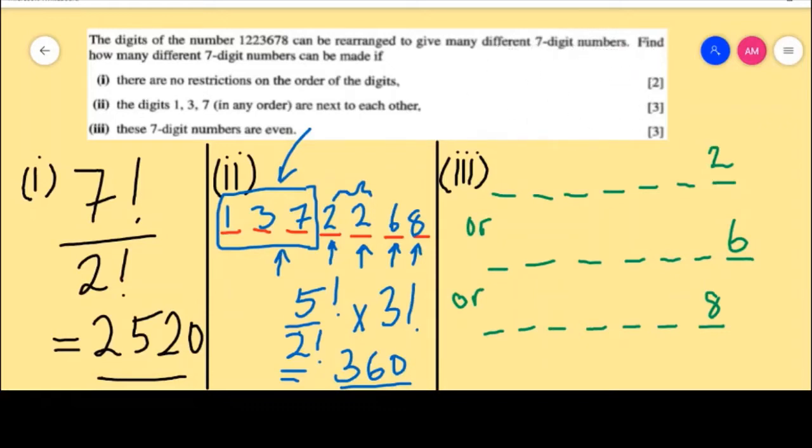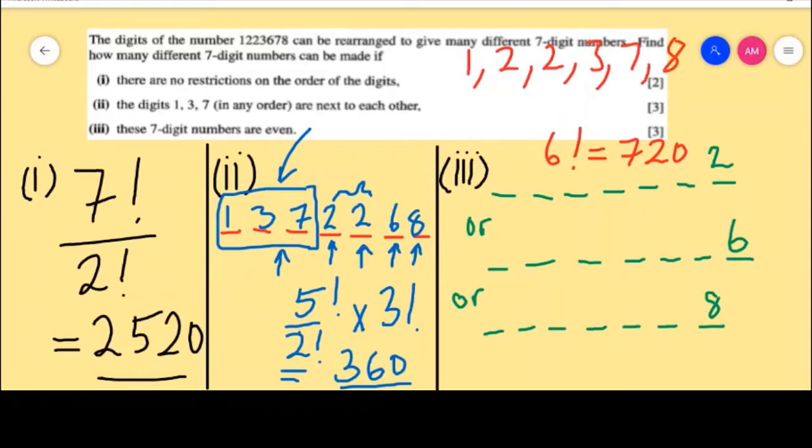The first case, if I end with 2, I've got the digits 1, 2, 3, 6, 7 and 8. So these are 6 numbers, so 6 factorial. There are no repeats, so I do that on my calculator. I get 720. That's for the first case. In the second case, if I use up the 6, I will have 1, 2, 2, 3, 7 and 8.